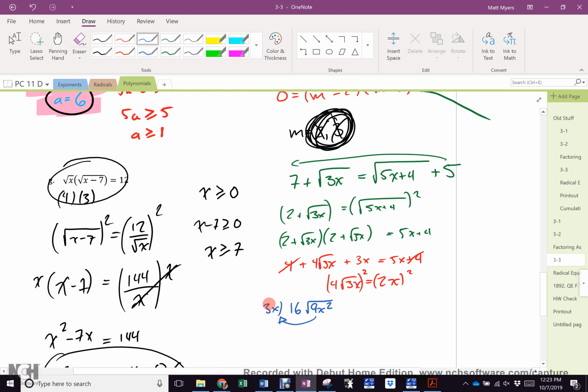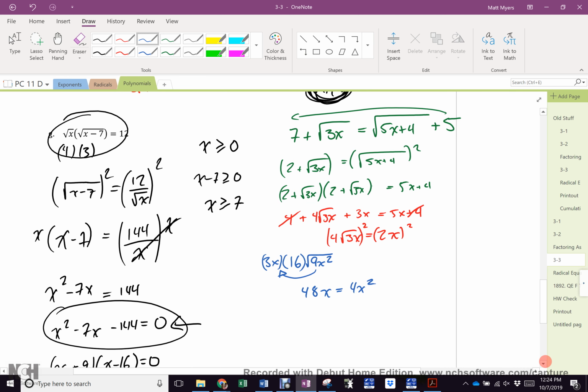What's 3x times 16? 48x equals, what's 2x squared? 4x squared. Everybody cool? Now, when we get here, what have we done every single time? We've brought everything to one side, yes? So I'm going to have 4x squared minus 48x equals 0.